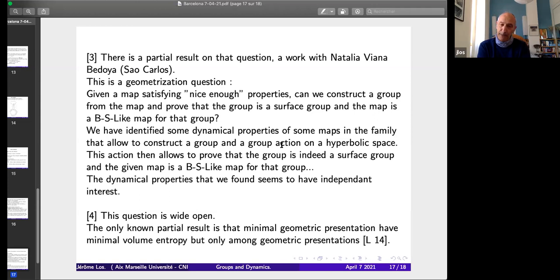So this paper is not yet published, but I hope it will. And I will not explain the dynamical property that we found, but there are essentially three classes of property. The first one is that we assume that the map is expanding, but expanding in a very strong sense, exactly like in this picture.